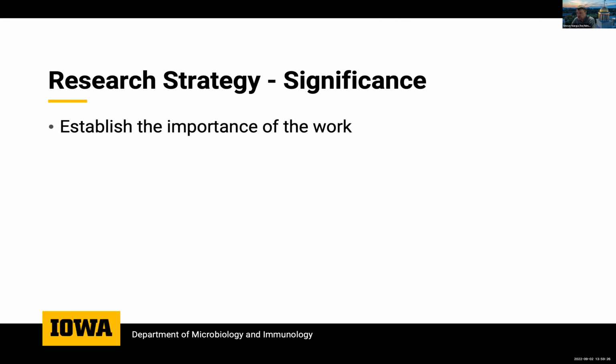So you want to make sure that you establish that and how your grant is going to help with those knowledge gaps that will move either treatments or vaccination or understanding pathogenesis forward for the field. And so that really helps contribute to the potential significance of the work.